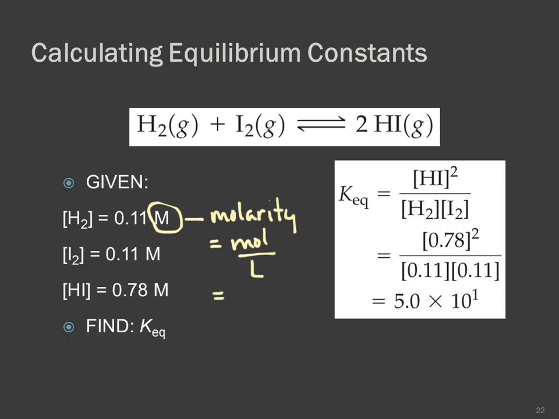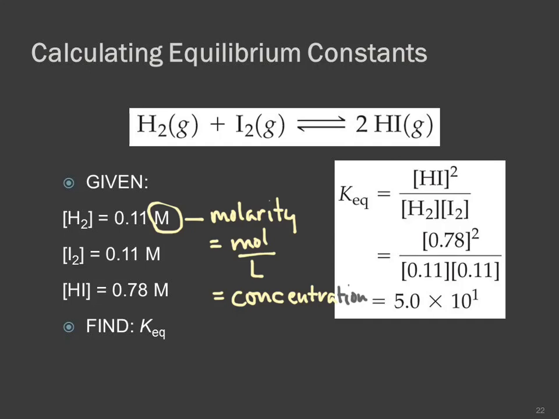It's a unit of concentration. We don't really need to understand what molarity is. All we need to know is it's a unit of concentration. So that's what the capital M means.